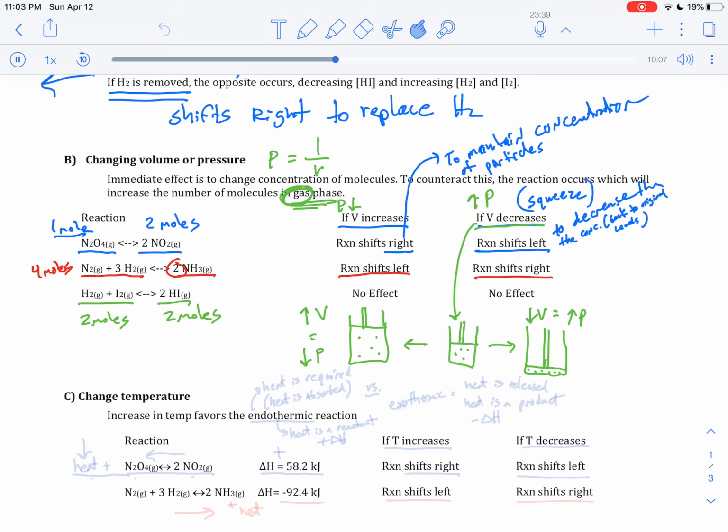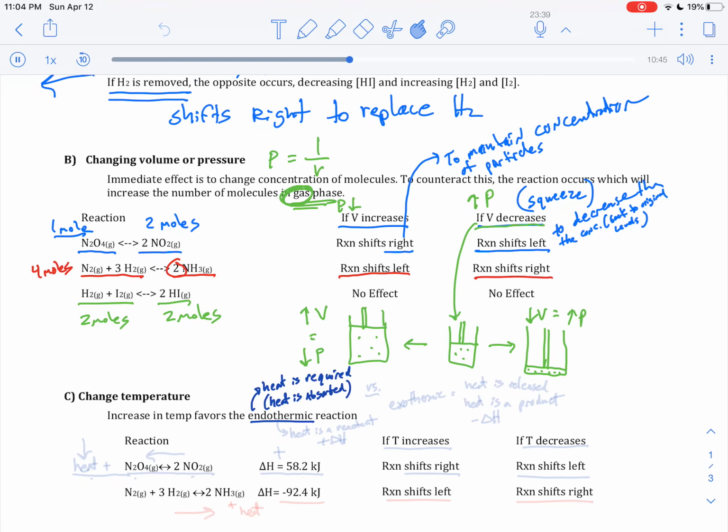Okay, another situation is if temperature changes. If temperature changes, we need to pay attention to whether the reaction is endothermic or exothermic. To review, endothermic means heat is required for the reaction, or in other words, heat is absorbed during the reaction.